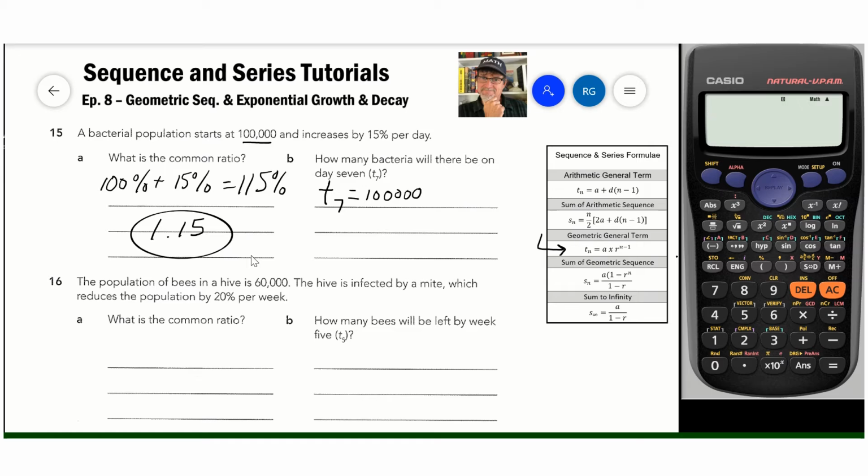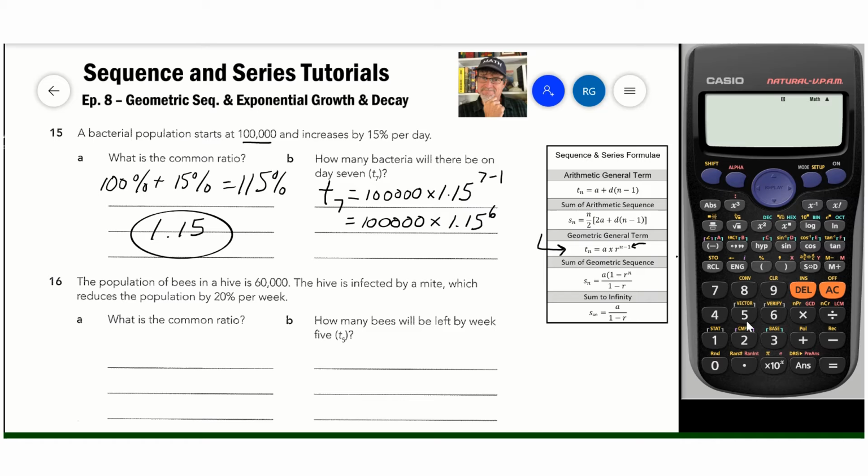And then we've got to multiply it by the common ratio, that's 1.15, and then you can see here the power that we want to raise it to is n minus 1, so we want to raise it to the 7 minus 1 power. Well, that's just 100,000 times 1.15 to the 6th power.